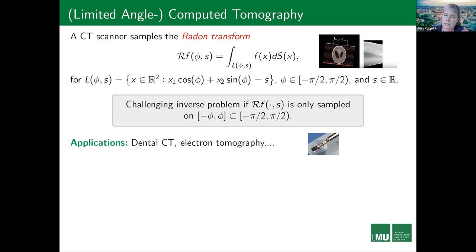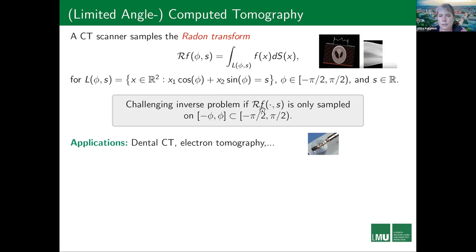That is, for instance, the case in electron tomography, which we already discussed briefly at some point. Now you see here a tiny piece of it. The probe is sitting in a device, and if you turn this device, at some point the rays cannot get through anymore. So the angle where you can rotate it is limited, and you cannot do the full 180-degree rotation.